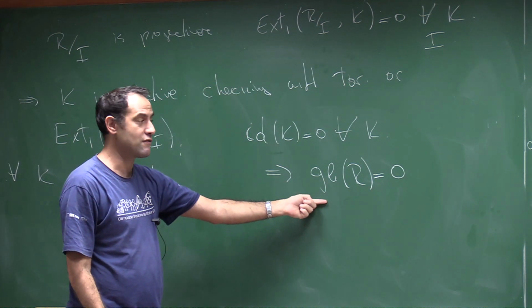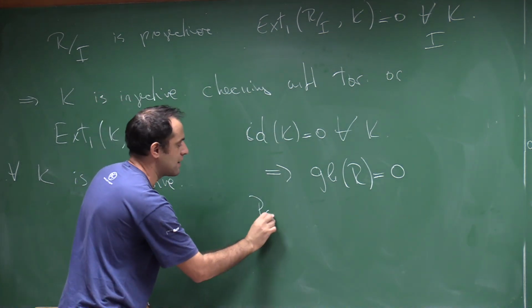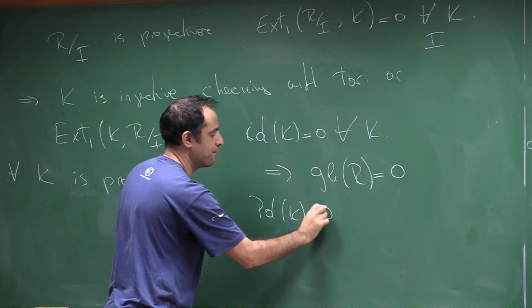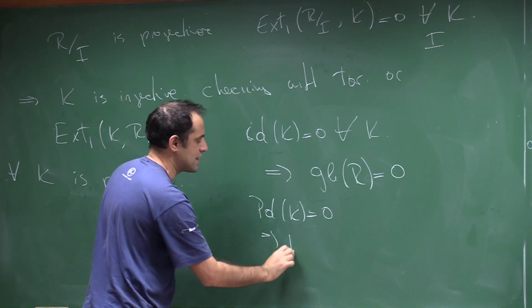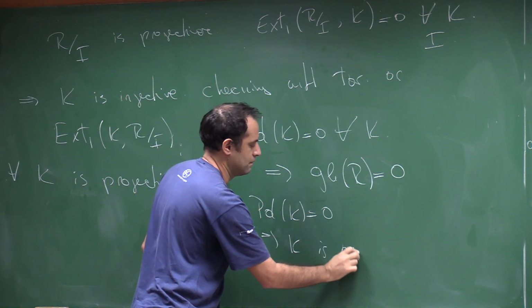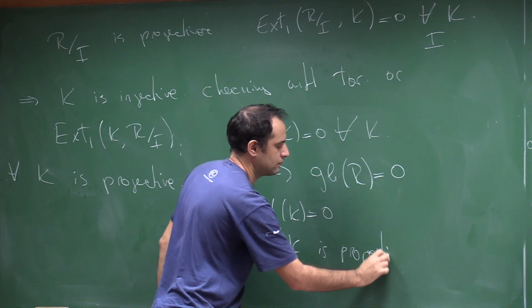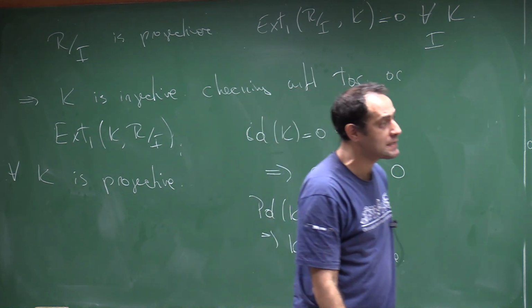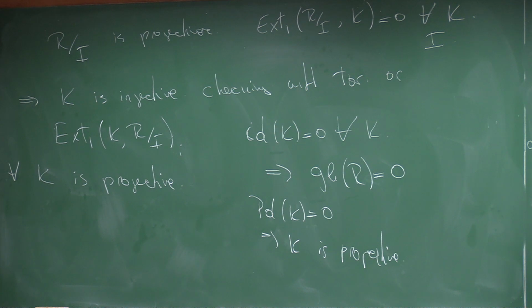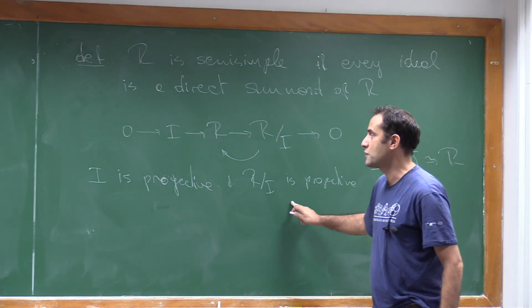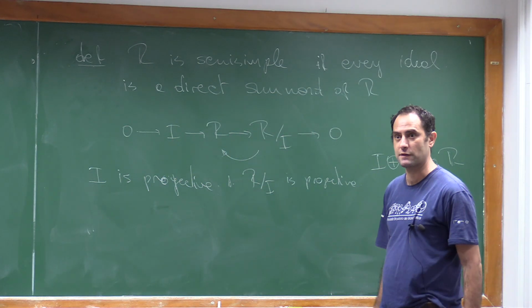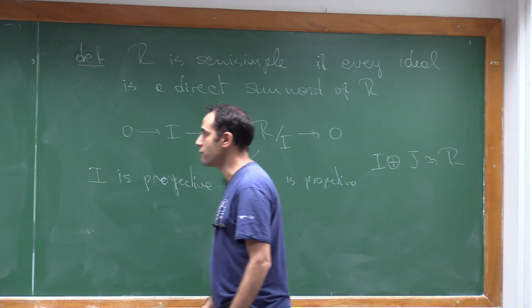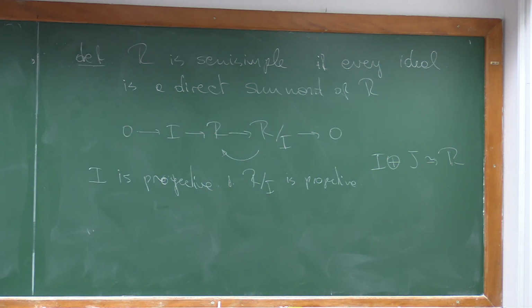But the global dimension of the ring being 0 means that the projective dimension of every k is 0, and this implies that every k is projective. So semi-simple rings satisfy the property that every ideal is a direct summand. Every ideal is projective and injective. Every quotient by an ideal is injective and projective. Every module is injective and projective. So semi-simple rings are rings of global dimension 0.